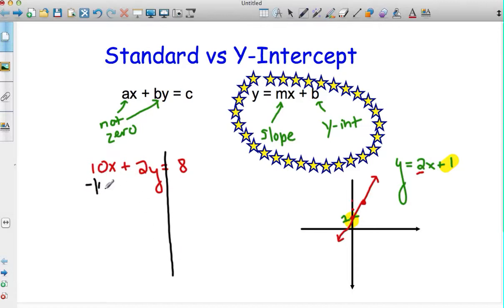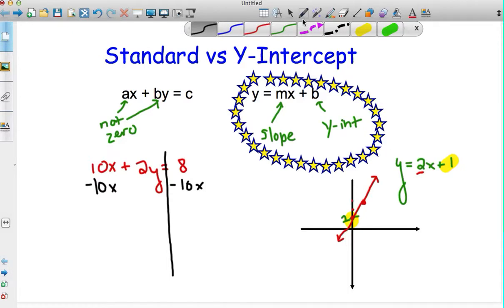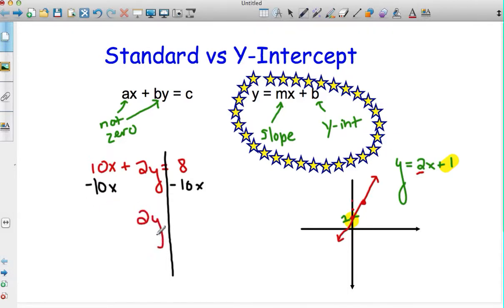So we subtract 10x from both sides, and we're left with 2y equals, and again I like to put my variables first, negative 10x plus 8. It's not wrong if you have the 8 first, it's just not in the common form.